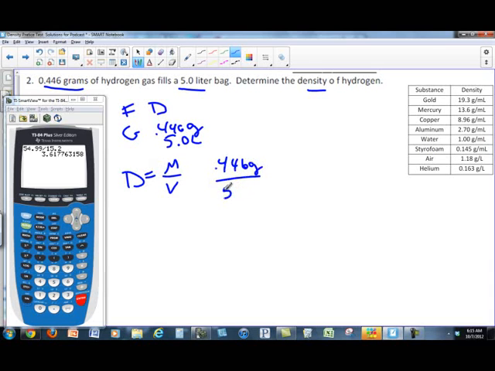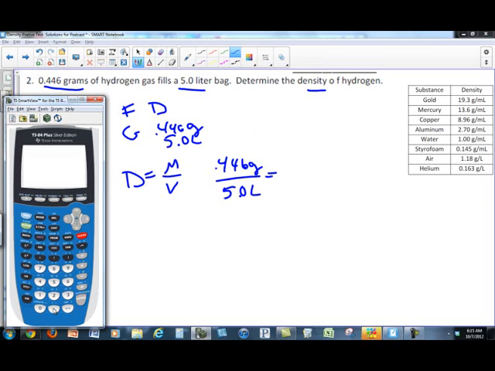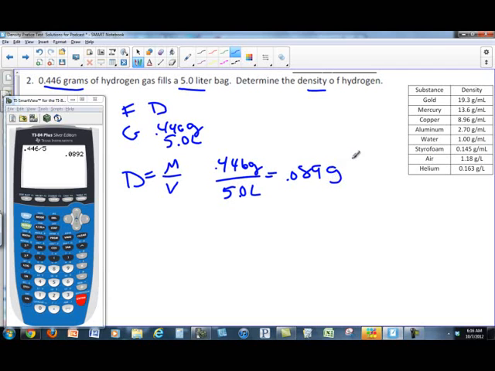My volume is 5.0 liters. I divide those, 0.446 divided by 5, and we see I have 2 sig figs, 3 sig figs, so I want 2 sig figs: 0.089 grams per liter. Now it doesn't specify, I don't have to say grams per milliliter, so I can leave it just like that, and I want to circle my answer.